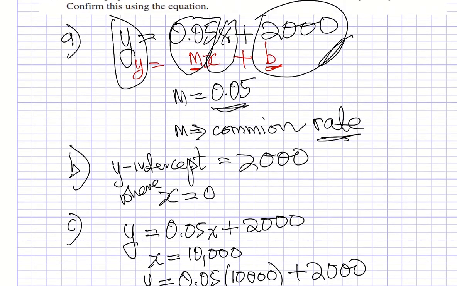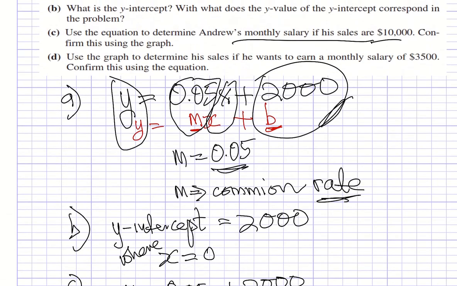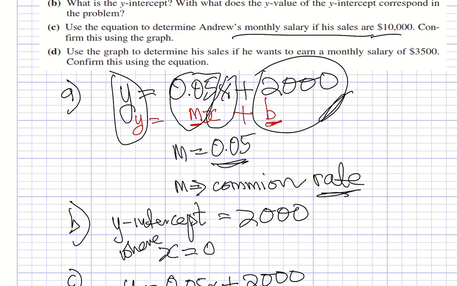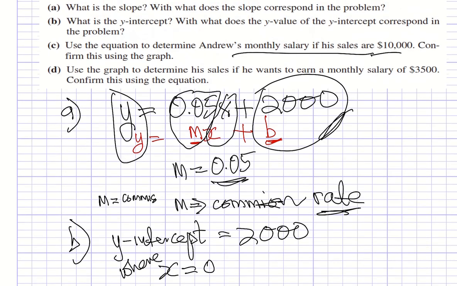Alright, so what is D? We run out of space, so I'm going to make space. M is the commission rate. See, I wrote it wrong. That's commission.